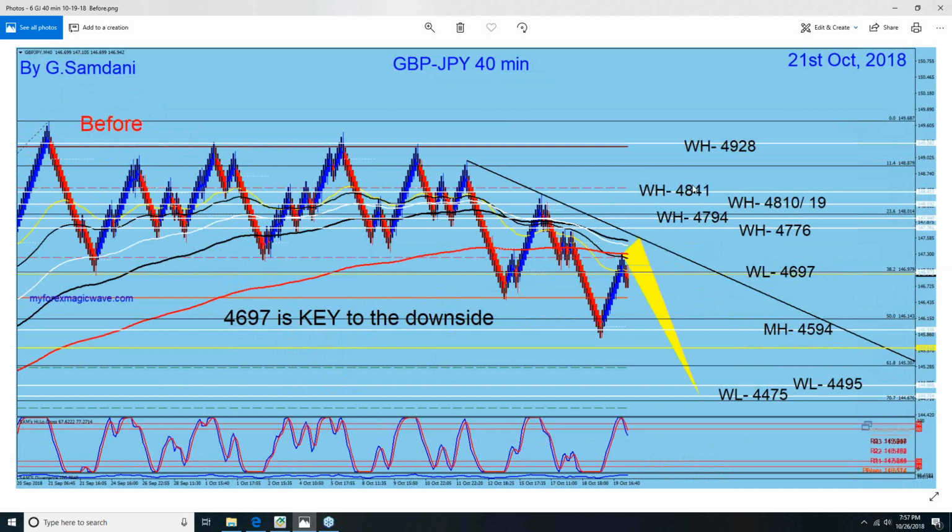On the 40-minute chart, this is what I found, a setup. It was dropping, retraced, dropped, and then it went up and retraced, exactly as the pound index was doing on the 21st. So I said, okay, this is the area that is going to make a turn, and from the 20-minute chart I will make my entry to the short side.